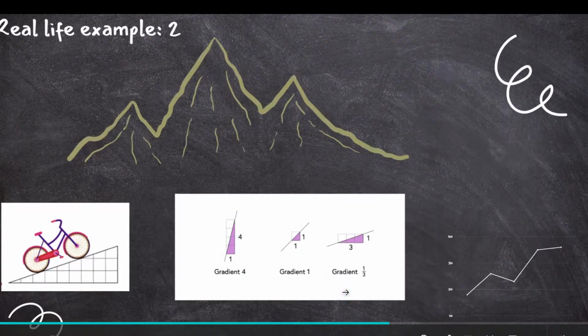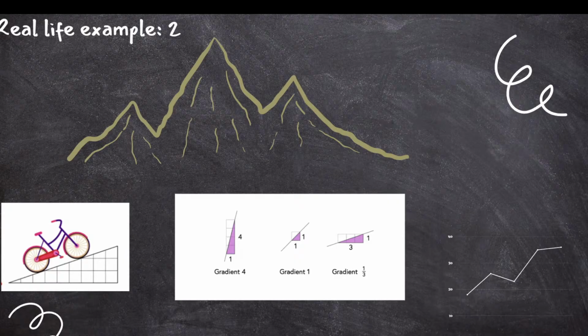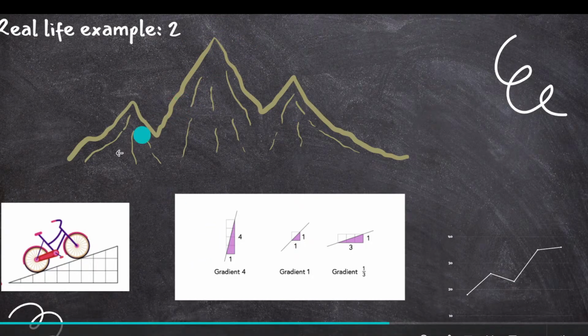We can also see the second real life example, in which we can see the different slopes of this mountain. So we can see here the more slope, the more gradient. Less slope, less gradient.